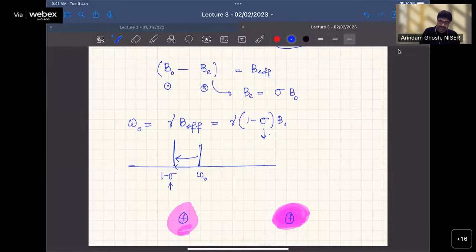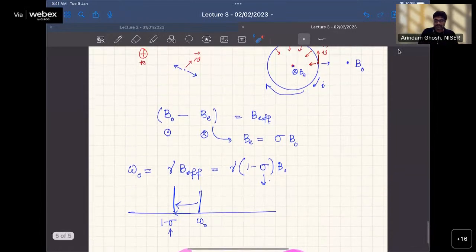So in one case, I have a slightly lighter cloud and a dense cloud. Obviously, if I have a dense cloud, that means you have a lot of electron cloud surrounding this nucleus. What happens is that the amount of B that is going to be created is going to be more, and that is why the screening is also going to be much larger.